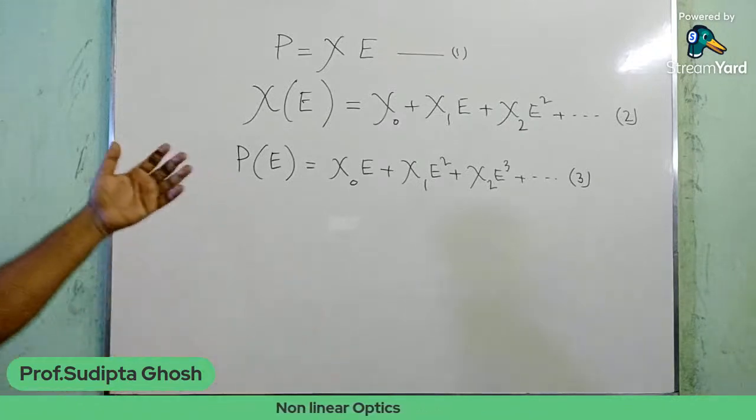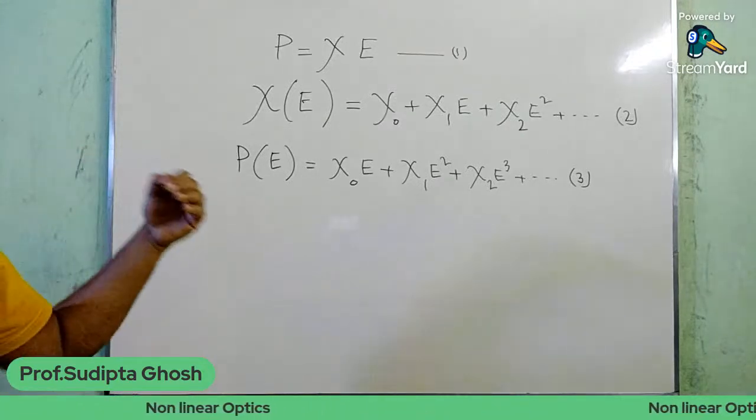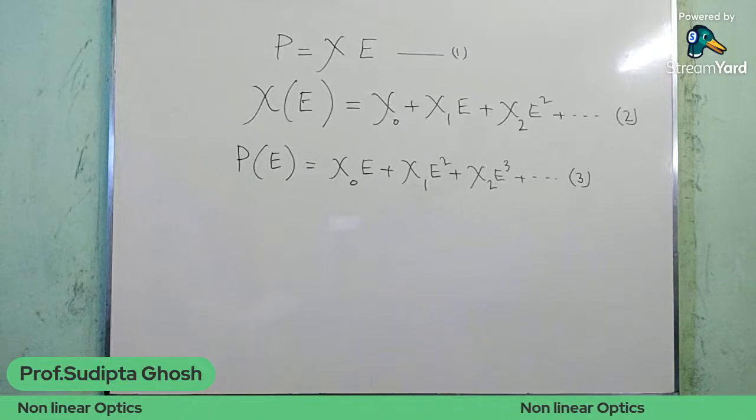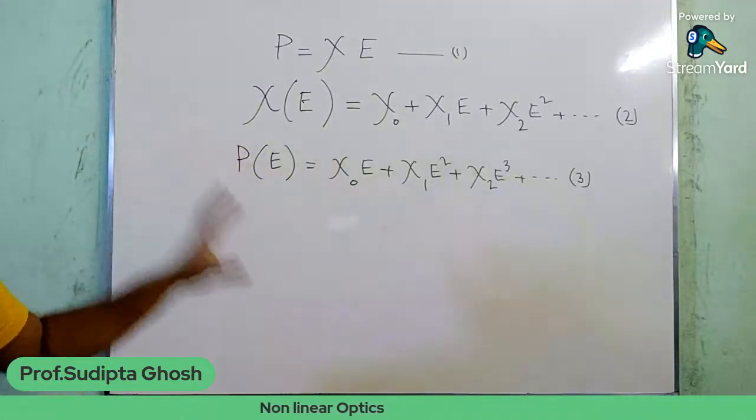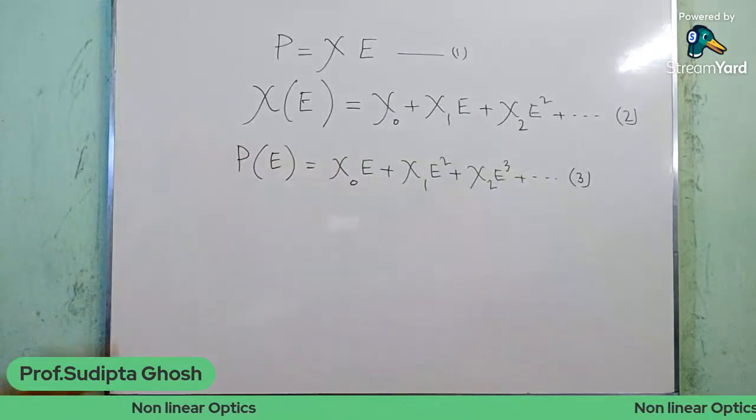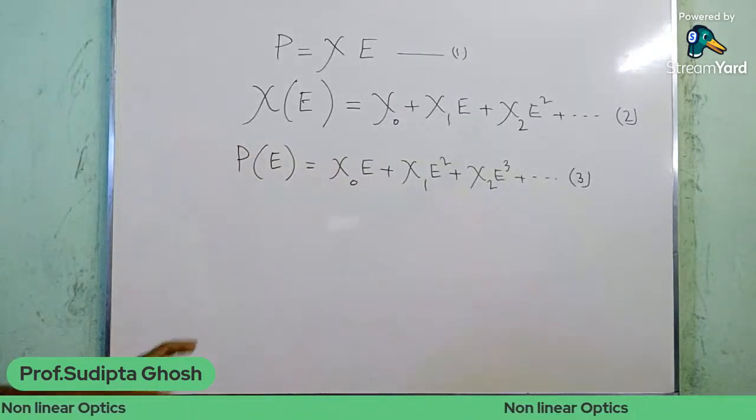So now from equation 3, what can we conclude? We can conclude that the dielectric polarization capital P is no longer linear.